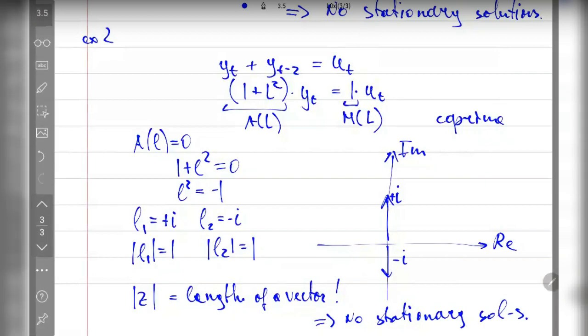Okay, let's consider one more example. Example 3. y_t minus y_{t-1} equals u_t minus u_{t-1}. The same question, how many stationary solutions do we have?